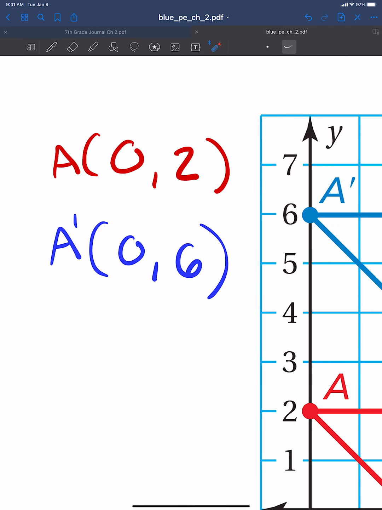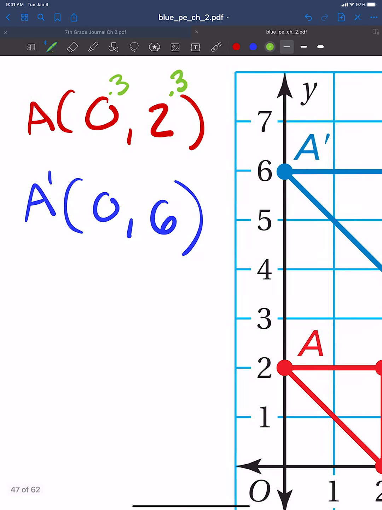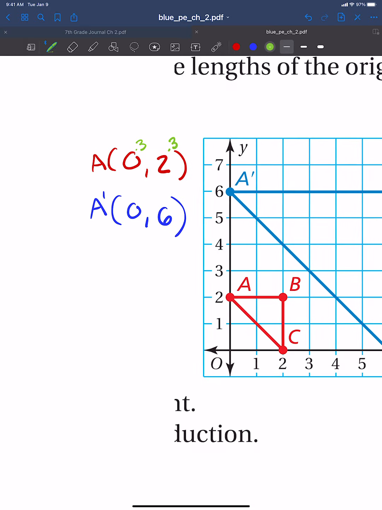You want to ask yourself, 2 times what got you that number? Now this one's pretty simple. 2 times 3 would get you 6. Now 0 times 3 is also 0. But what I want you guys to understand is if I'm multiplying these by a whole number, my scale factor is 3. That means it grew by 3, okay?